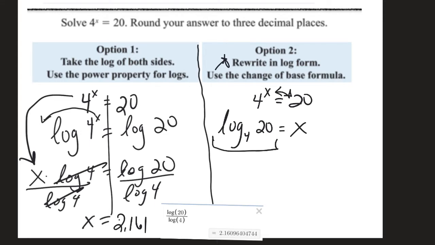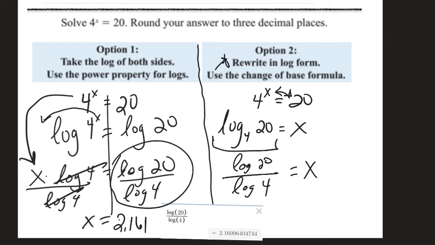You would have to take this and change it to the change of base formula, which means that you would rewrite this as log of 20 over the log of 4. Notice that this is where we are over here. Log of 20 over log of 4, which we already put in our calculator, which is going to give us the same result, which is 2.161.